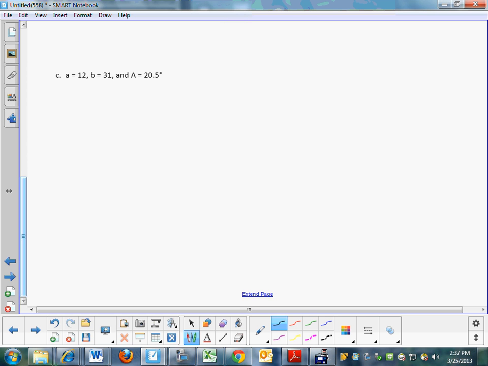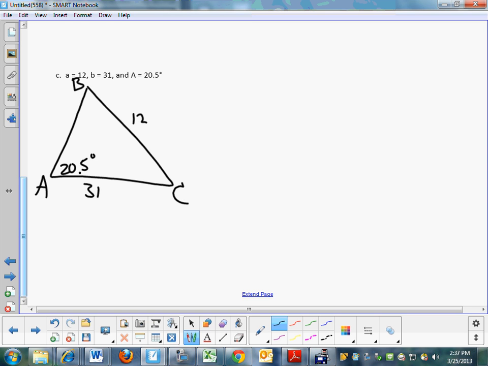Okay, let's draw our shape. A, B, C. 20.5, 31, 12.